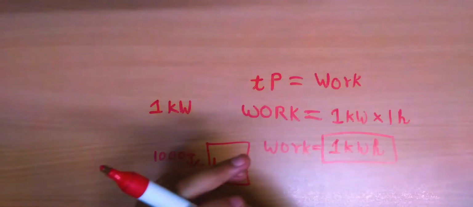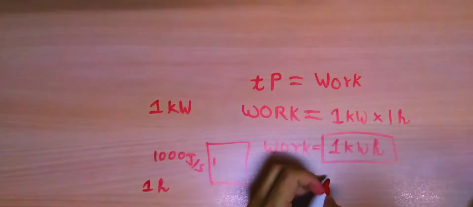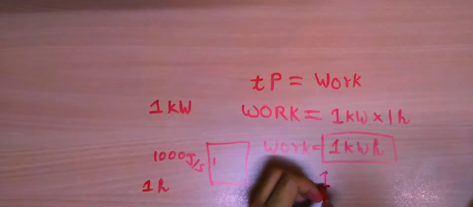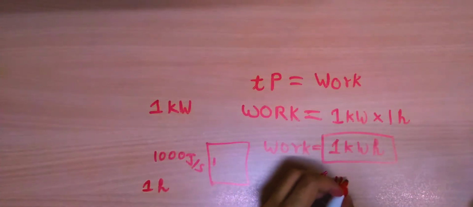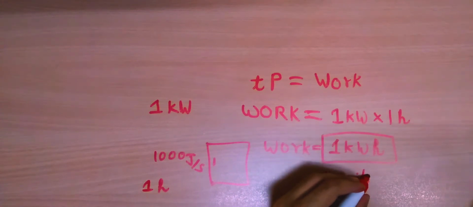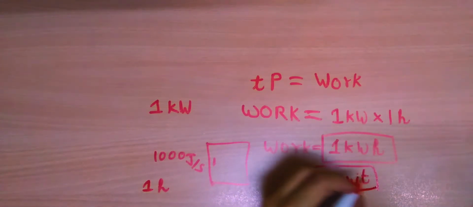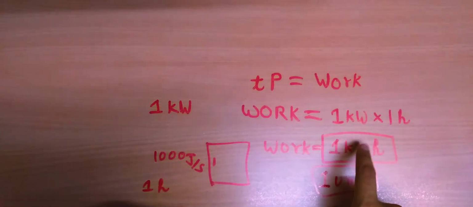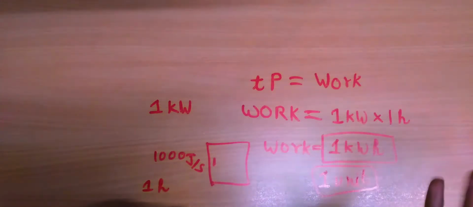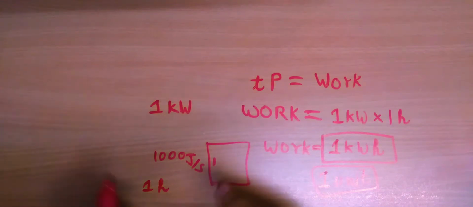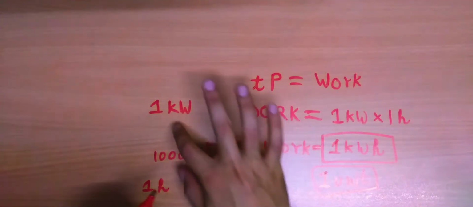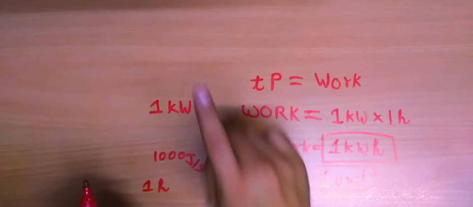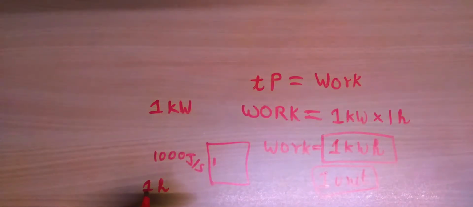In colloquial language, this is known as 1 unit. When somebody says I used 1 unit of energy, he means that I used 1 kilowatt hour of energy, or that he used an appliance of 1 kilowatt for 1 hour. That is what using 1 unit means.